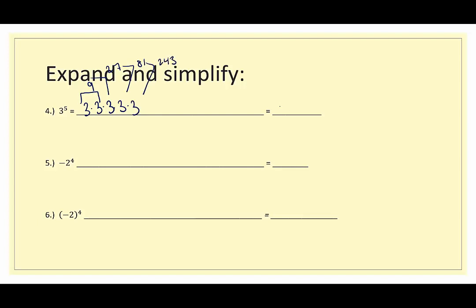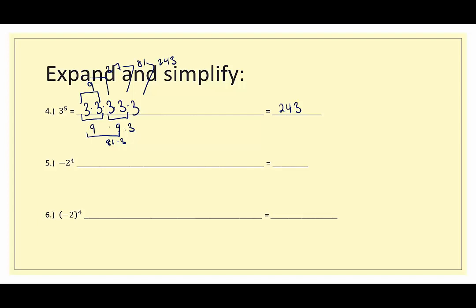So those 5 3's multiply to 243. Alternatively, you could do 3 times 3 is 9. Another 3 times 3 is 9. 9 times 9 is 81, and then you can get the 243 that way. Either way is totally fine.